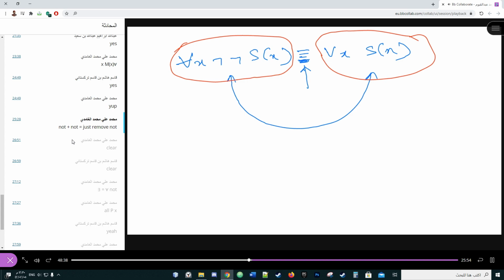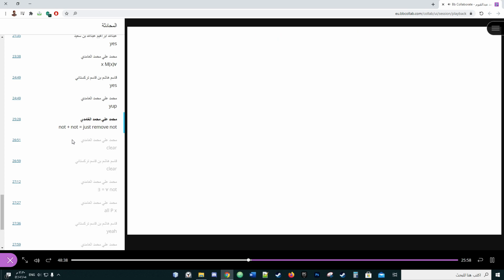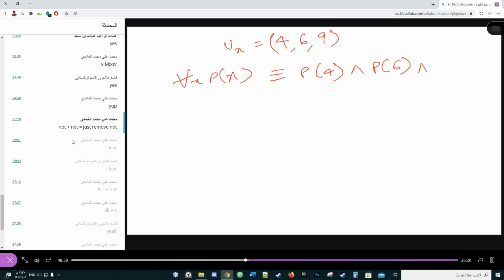Okay, so I'm giving you some more examples about equivalences. When you say for all x, P of x, it is the same as, let's say the domain of x is 4, 6 and 9, so P is true for 4 and it is true for 6 and it is true for 9. So this and this mean the same thing, so they are equivalent.